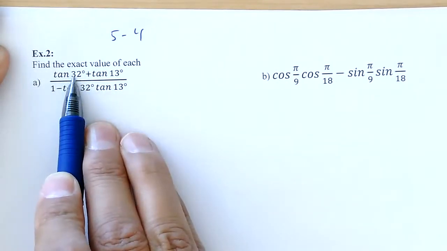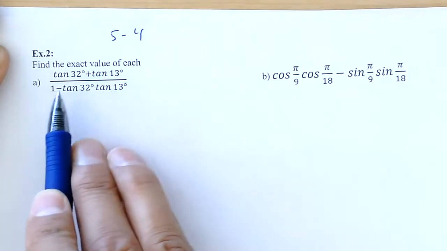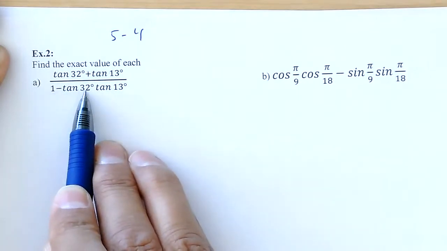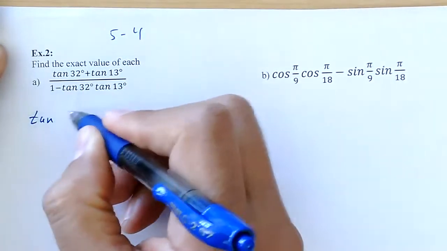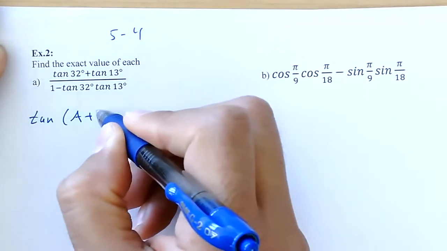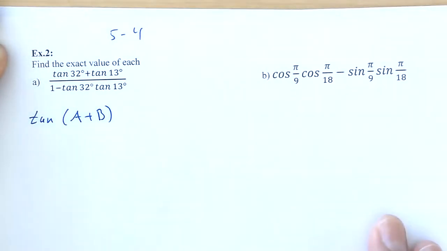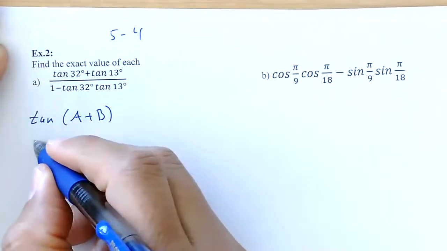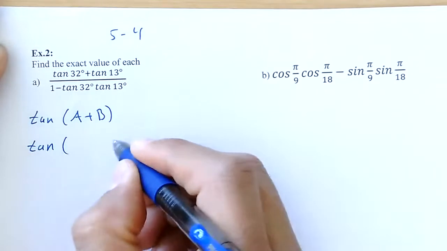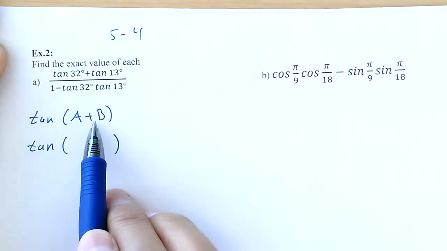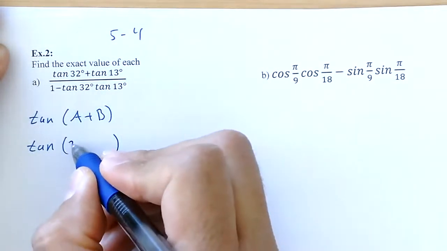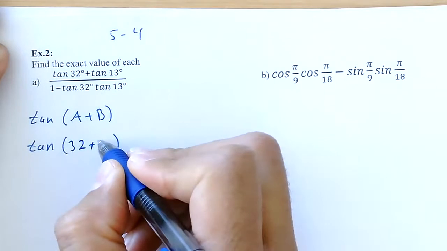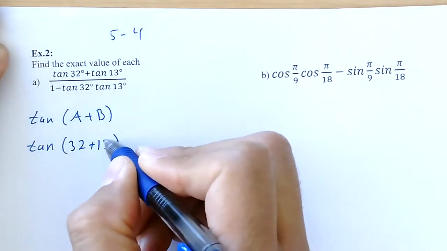Tangent of A plus tangent of B over 1 minus tangent of A, tangent of B. This reminds me of that formula. And looking at that purple paper, the tangent of A plus B is really 32 plus 13.